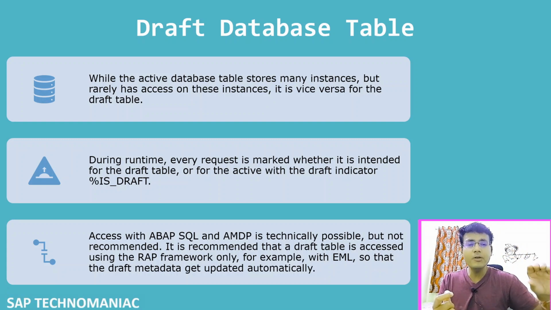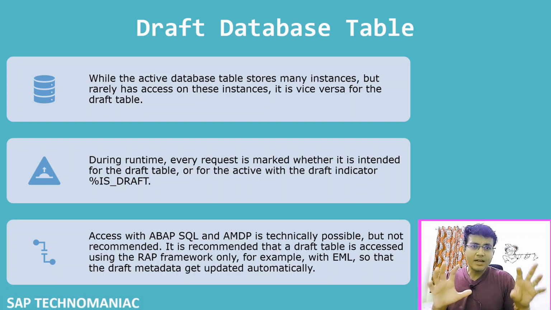So the draft table will have very few entries. Suppose 5 users are working on 5 different instances; those 5 entries will be available in the draft table. The draft table will always have very minimal entries, but the active table will have a huge number of entries.